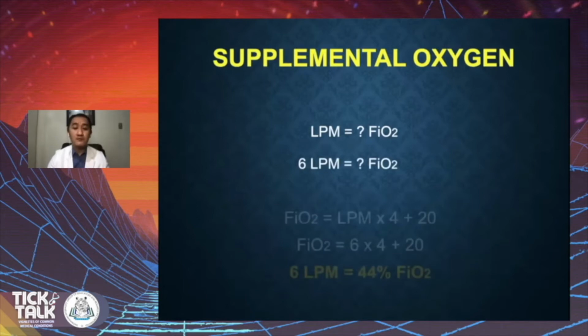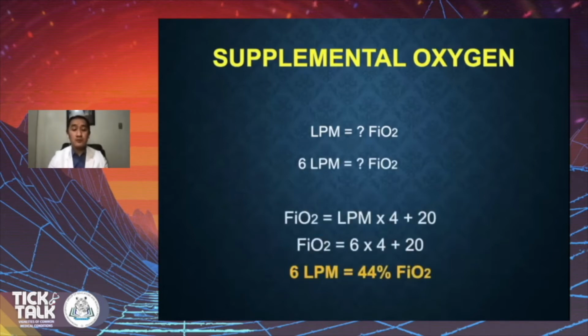So we have to compute. And the computation is FiO2 is equivalent to liters per minute times 4 plus 20. So if the patient is hooked to 6 liters per minute, you multiply it by 4 plus 20. So it's equivalent to 44% FiO2.